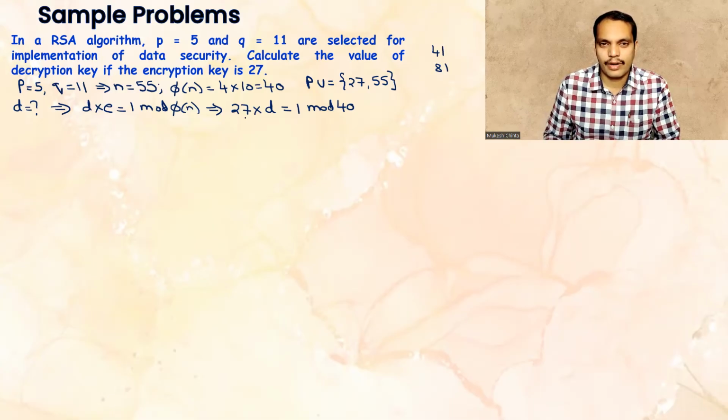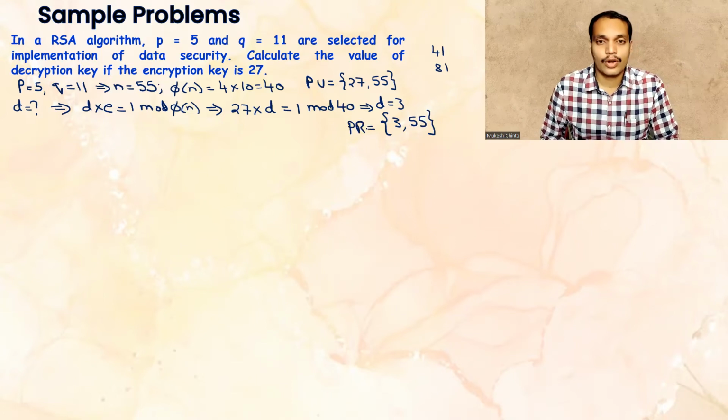In 27 table, if I see 41 is not possible, but 81 is possible, isn't it? So 27 3s are 81. So 81 mod 40 is nothing but 1 mod 40. So automatically I'll get D is equal to 3, which makes my private key as 3, comma 55. This is my private key. This is how you calculate the private key. That is what the question asked.